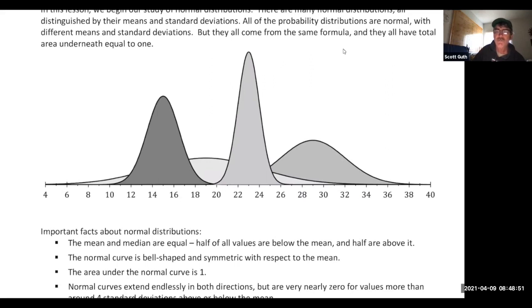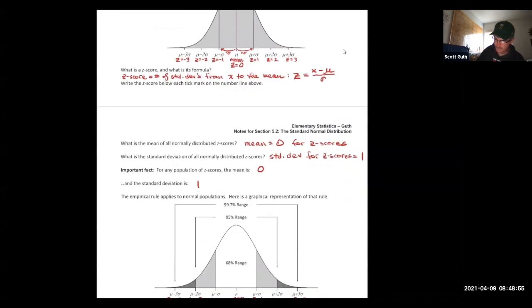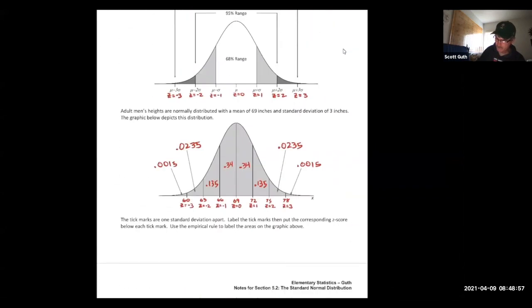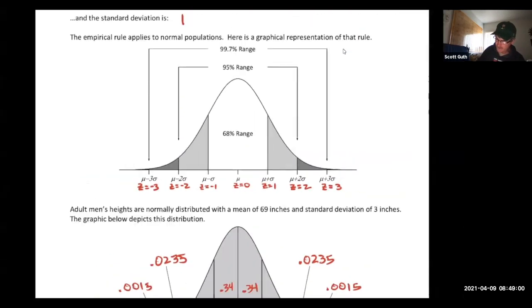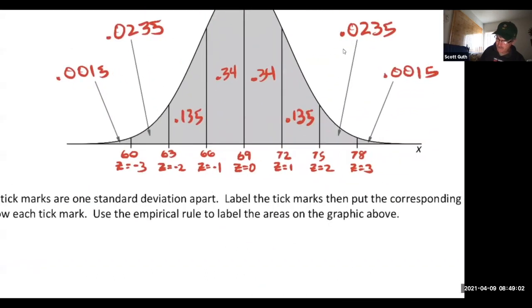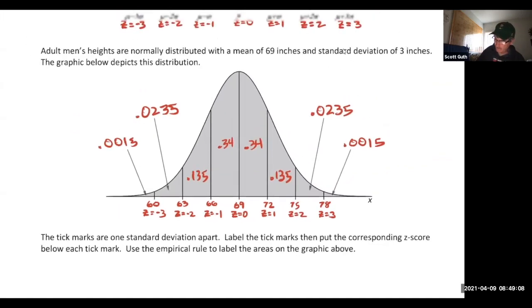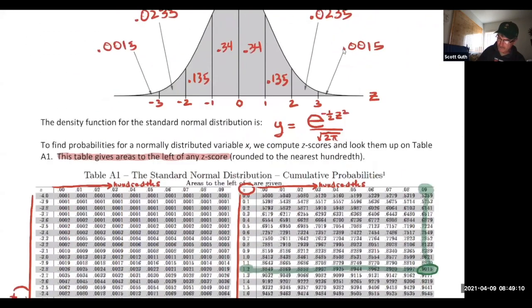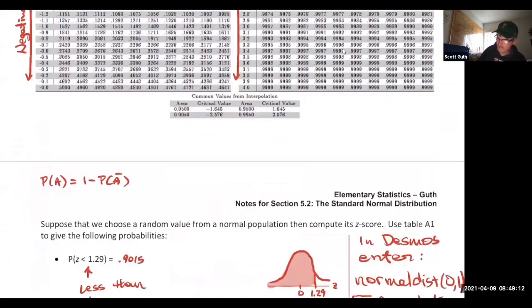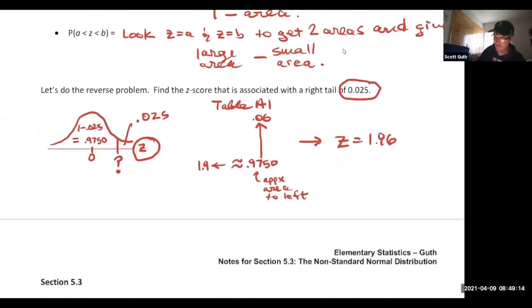So there are many normal distributions, but there's only one standardized distribution of z-scores, where we take values like here and convert them to their z-scores. That's called standardizing, and then all the populations become the same. And remember, a z-score is just the number of standard deviations a value is above or below average.